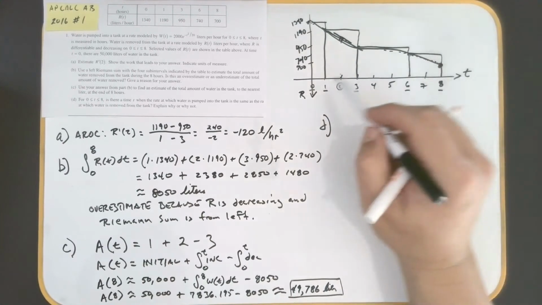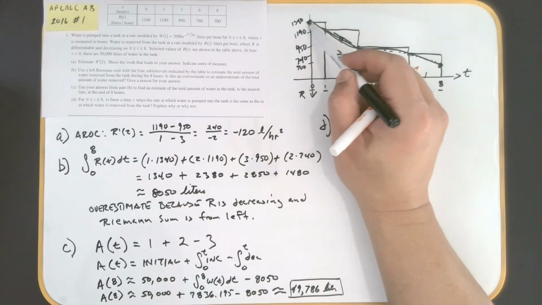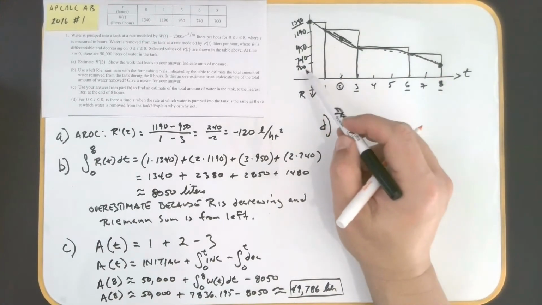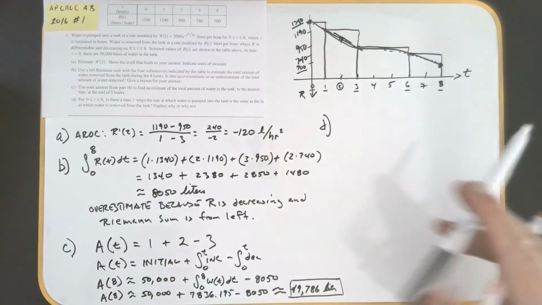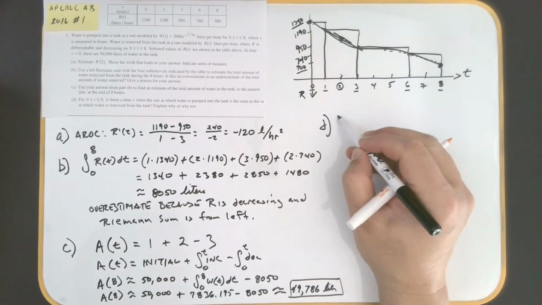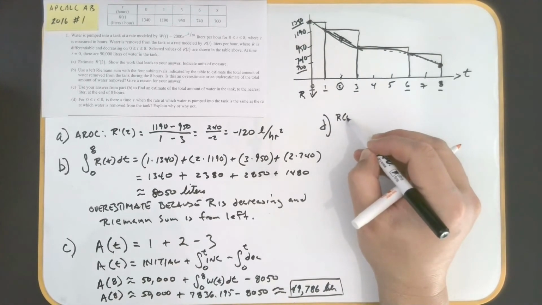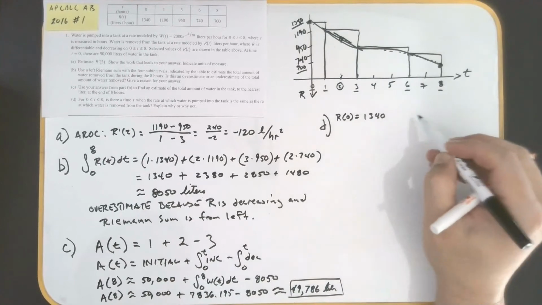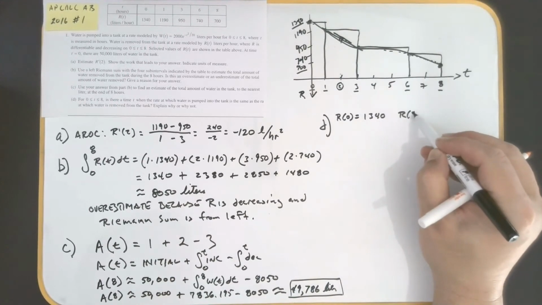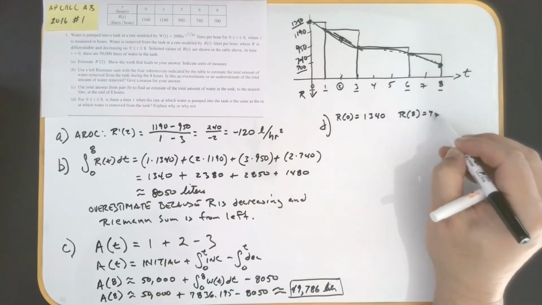That was given. And when the day began, t equals 0, it is being removed at 1340. So those are the two numbers there. So I know that r of 0 is equal to 1340, and that I also know that the rate at 8 is equal to 700.